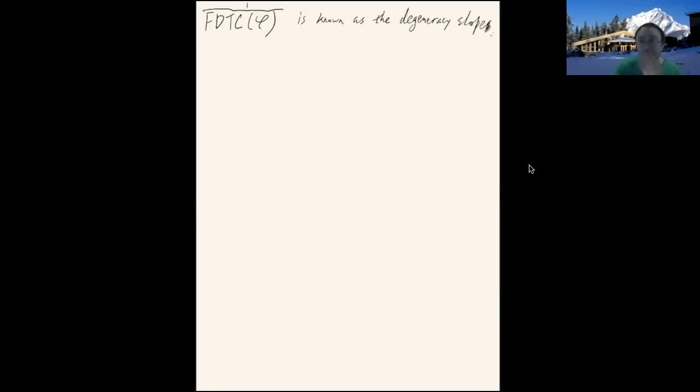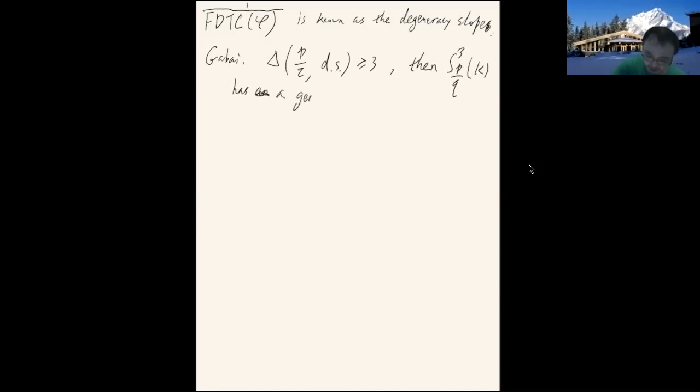And then there is a theorem of Gabai, which said that if the distance delta between P over Q and the degeneracy slope is greater than or equal to 3, then this has a genuine lamination.